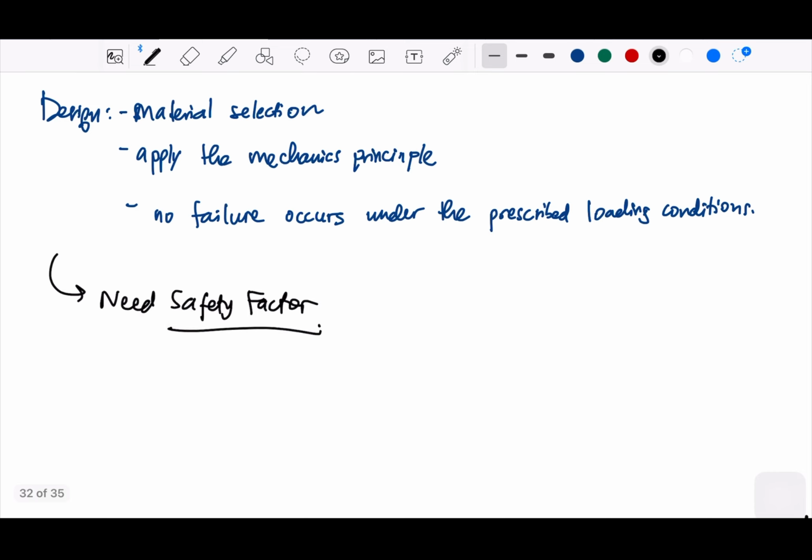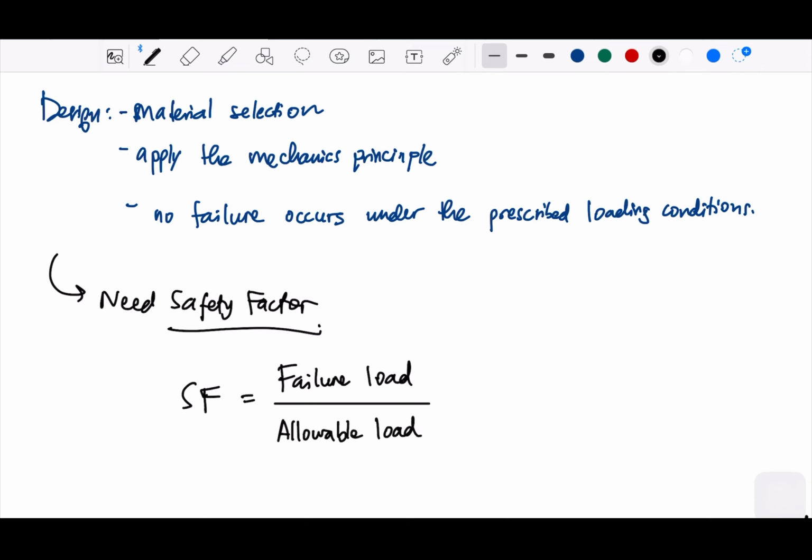The safety factor, or factor of safety, let me just say F, is equal to the failure load divided by the allowable load, and you will have some number, some ratio.